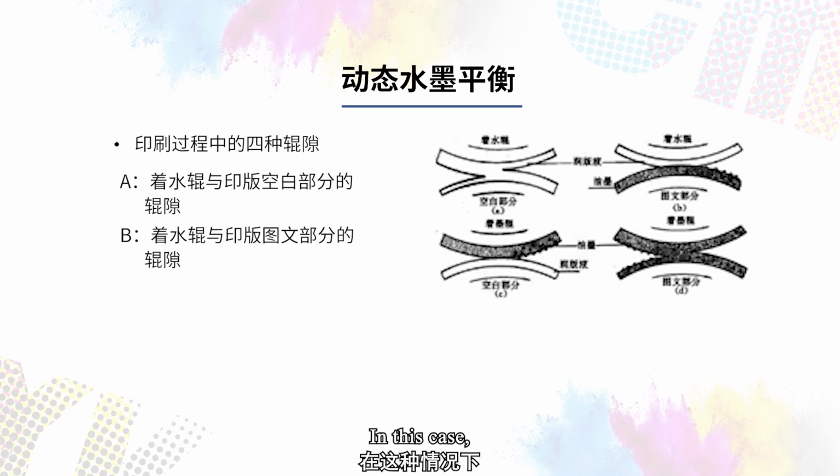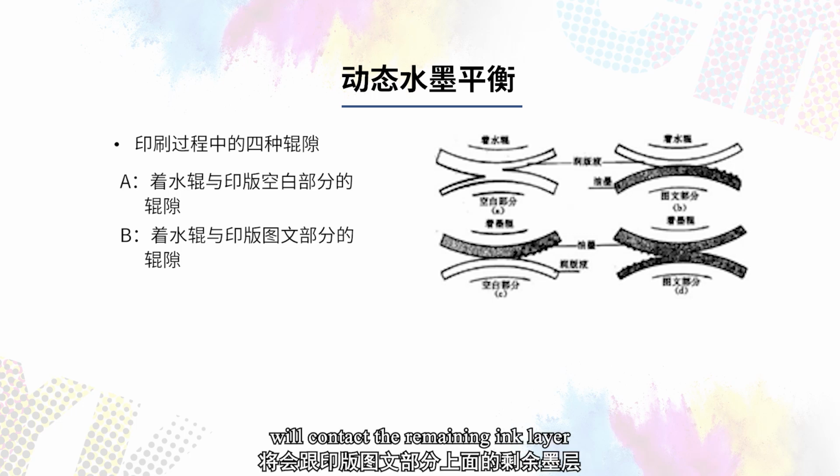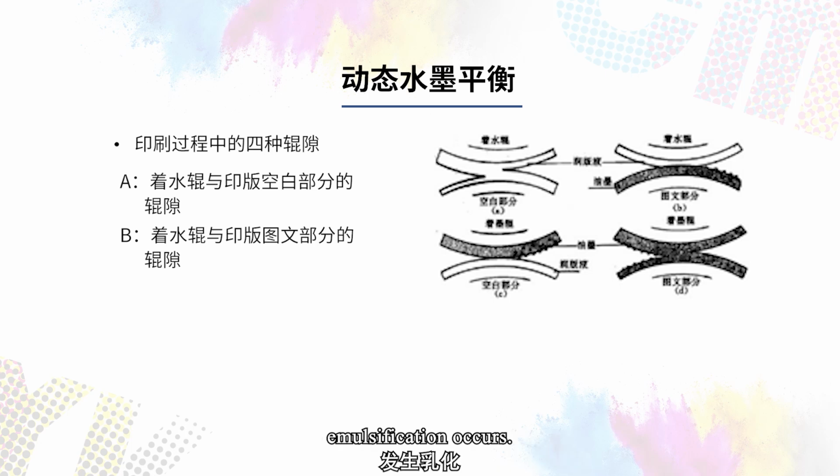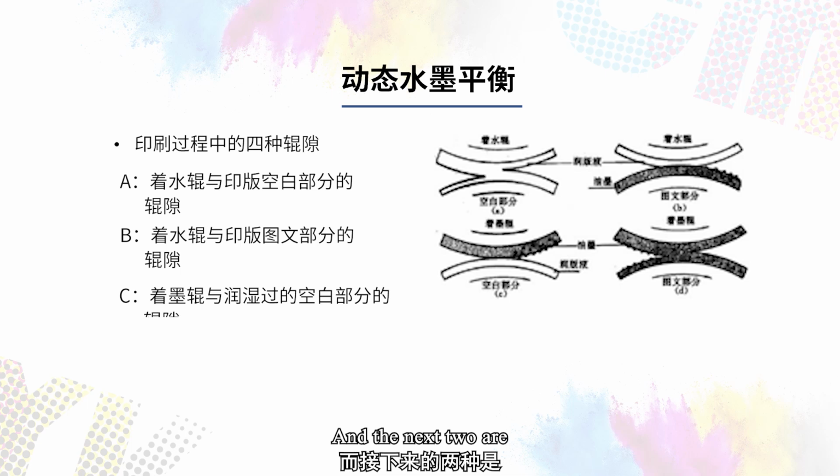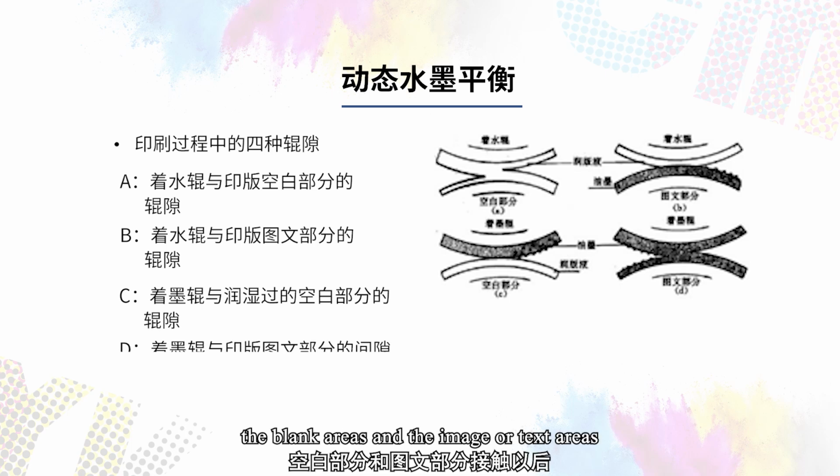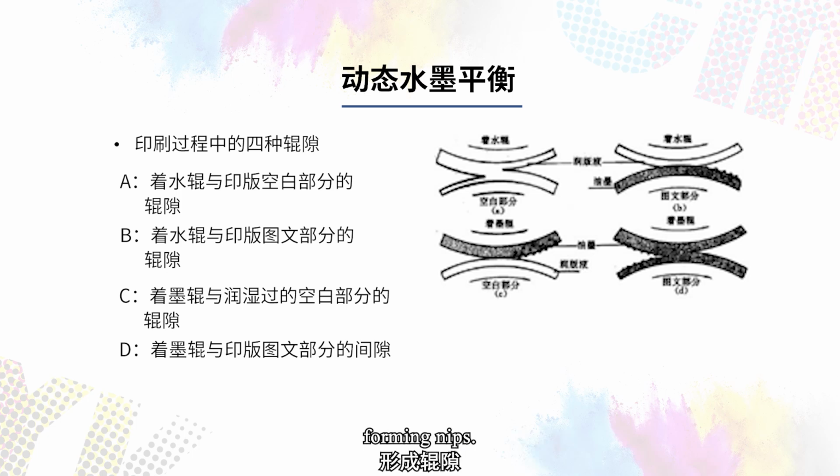In this case, water on the dampening roller will contact the remaining ink layer on the graphic part of the printing plate. Emulsification occurs. And the next 2 are: the inking roller contacts the blank areas and the image or text areas of the printing plate, respectively, forming nips.